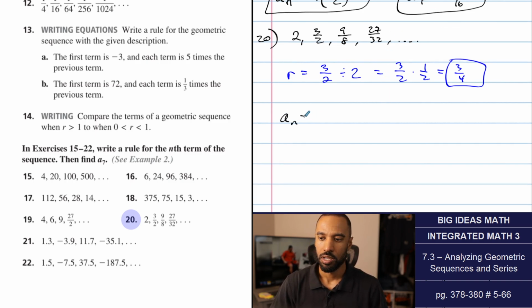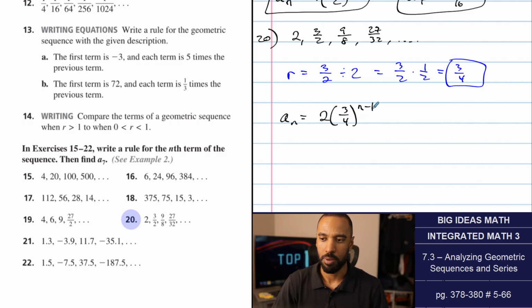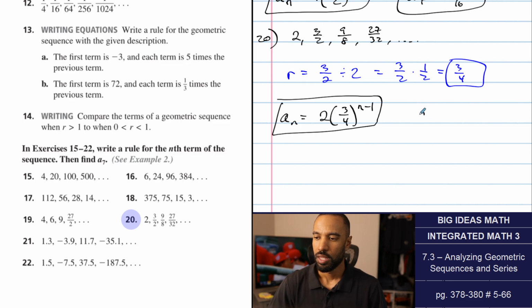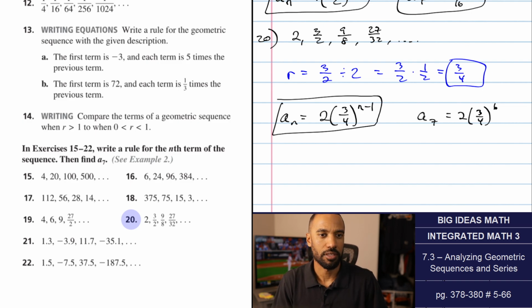So your rule is 2 times 3/4 to the n minus 1 power. Now your a sub 7 means we're going to substitute 7 into there, which 7 minus 1 is 6. We'll use the calculator. We'll convert it to fraction form, and we get 729/2048.